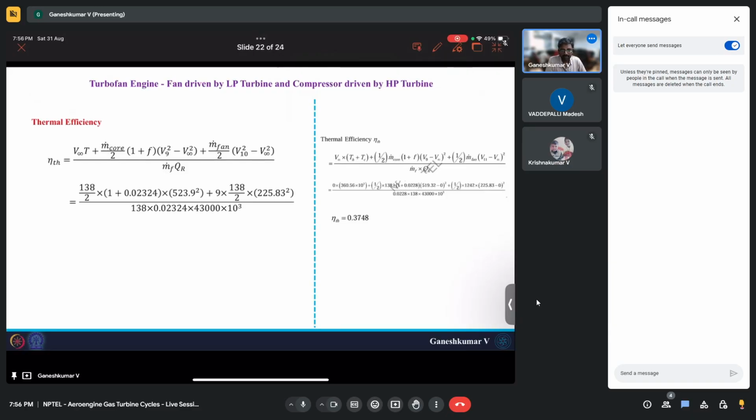what do you guys expect? Do you expect the efficiency to increase or decrease? Can you guys guess? So there is an increase in thrust, but also there is an increase in fuel consumption.